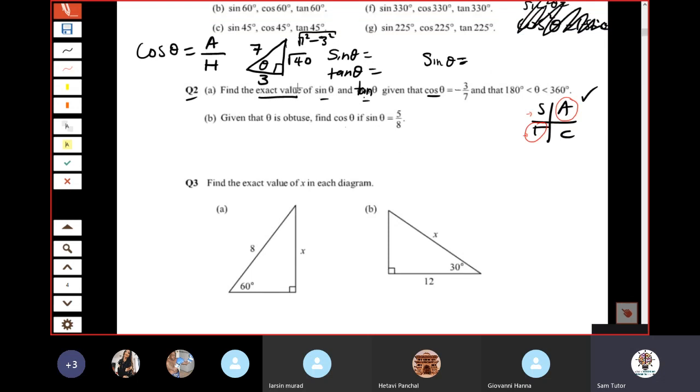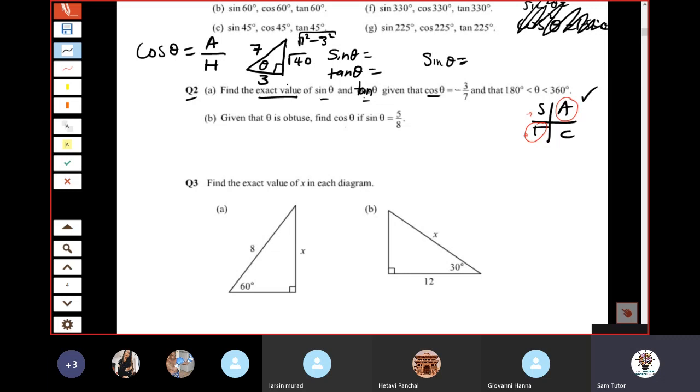Find the exact value of sine theta and tan theta given that cos theta is this. So it's saying find sine and tan, and cos theta is this, right? And the way we're going to do that is we said we're going to draw a triangle, which we did. We realized that that's just adjacent over hypotenuse.